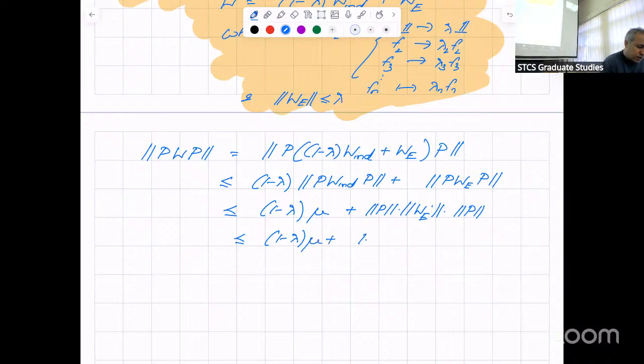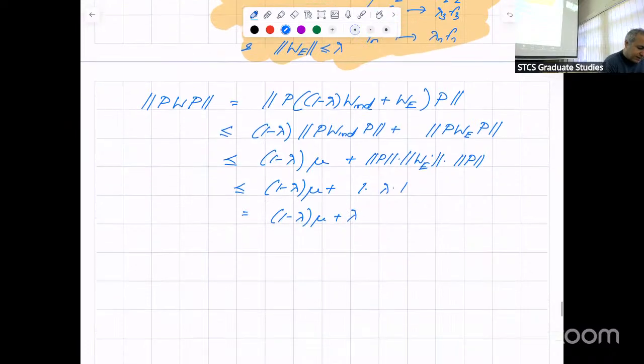Therefore, it is 1 times lambda times 1. So this is (1 minus lambda) mu plus lambda. This is written in a slightly different way. This expression is symmetric in lambda and mu. So it's lambda times (1 minus mu) plus mu. That's the end of it.